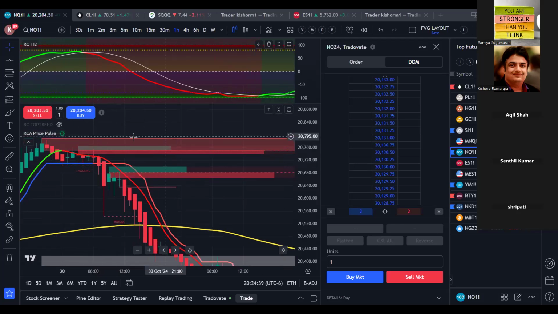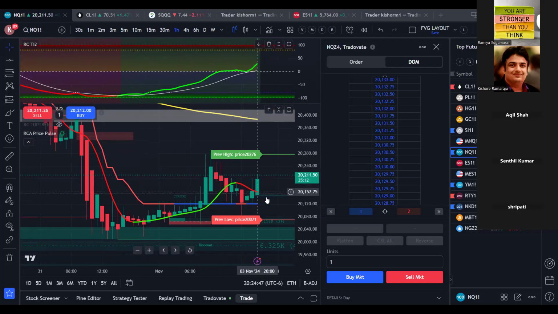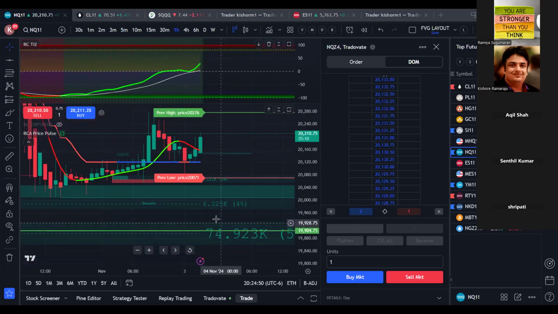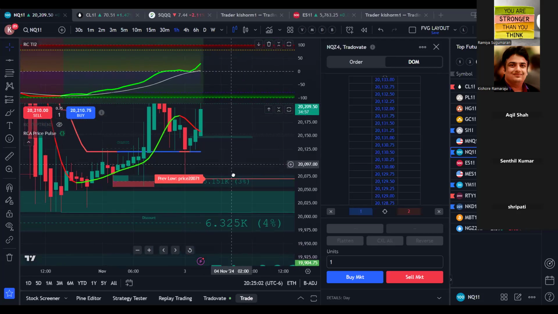That is the liquidity zone, or the sell zone, where there are a lot of sell orders. Then price came all the way to the bottom. So here you can see there are 7,500 orders, 6,000 orders, another maybe some 5,000 orders. So price came all the way here and then started moving up.